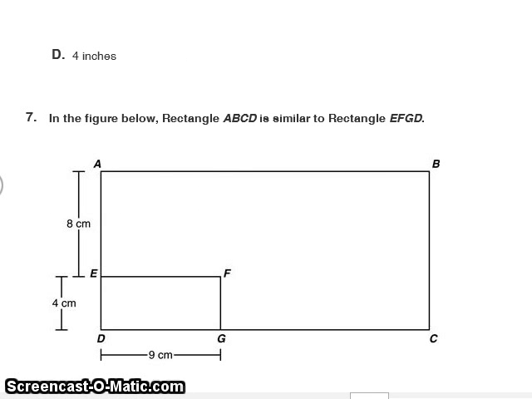Alright, in the figure below, rectangle ABCD is similar to rectangle EFGD. Remember, let's get the highlighter. Alright, A goes with E because they're in first place together. B and F correspond because they're in second place together.